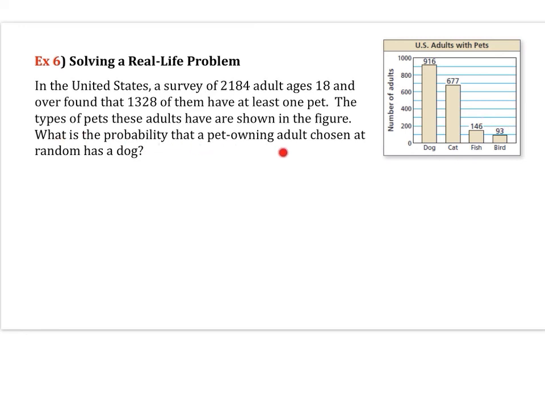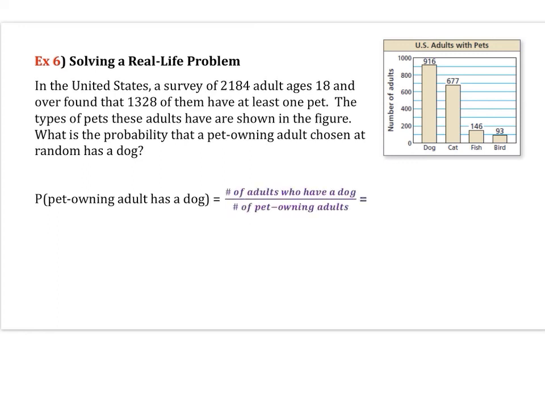So what's the probability that a pet-owning adult chosen at random has a dog? Let's start by identifying the event. We want the probability that a pet-owning adult has a dog. So our favorable outcome is the number of adults who have a dog out of the number of pet-owning adults, so our total.